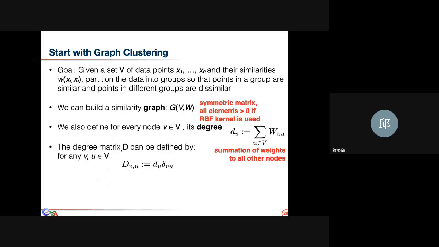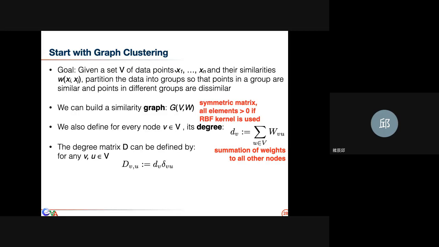And the degree matrix. Once we compute the degrees for all the data points, then we can build up a new matrix, the so-called degree matrix. Its size is still n by n.